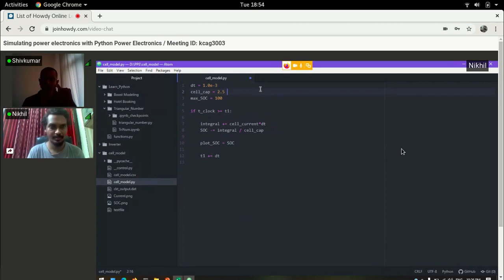So if you say 2.5 multiplied by 3600, what do you get? That is your total Q. State of charge is basically your Q charge. So Q is equal to integral I dt, or Q is equal to current into time. So that is your max SOC. Max SOC is cell cap multiplied by 3600.